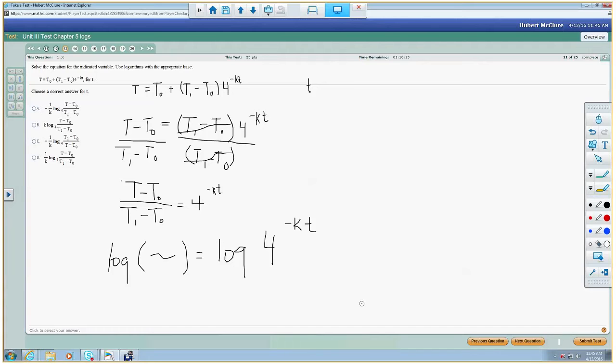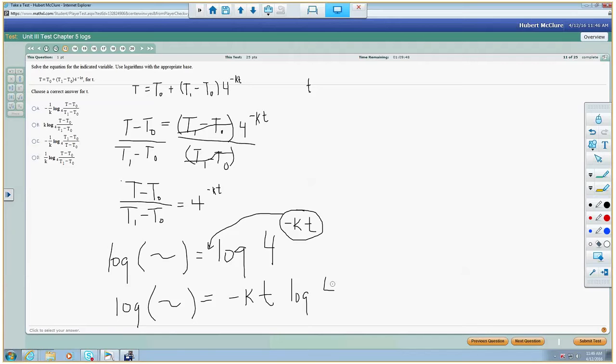Bring that kt out to the front using the power rule. That's why you take the log of both sides. So this right here can come out to the front. So the log of all that junk in the parentheses is equal to negative k times t times the log of what?